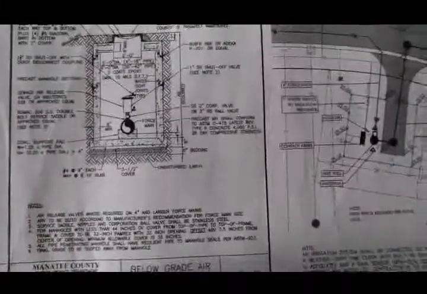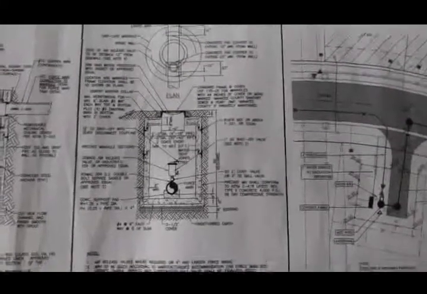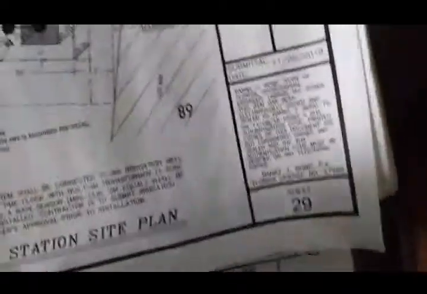Force main retrofit. Inside drop line. Drop connection. Below grade release valve, force mains and lift station. Site plan. Then it goes over some of the elevations of the pipe.